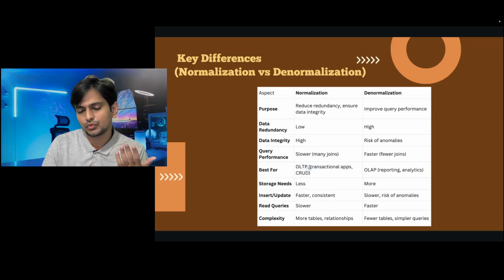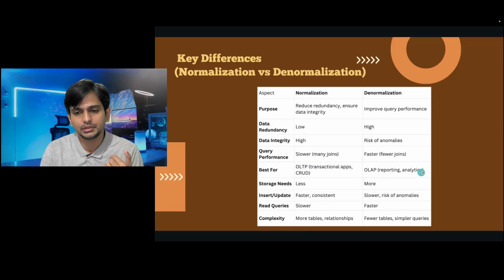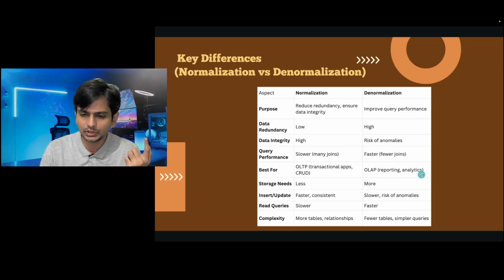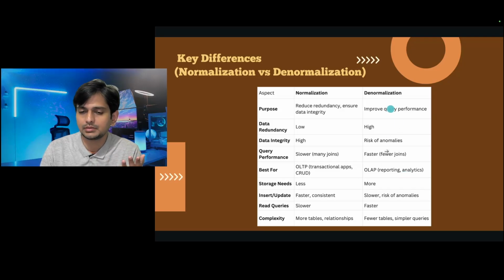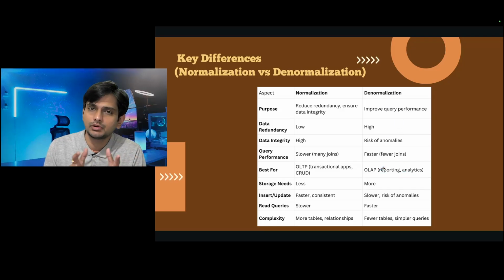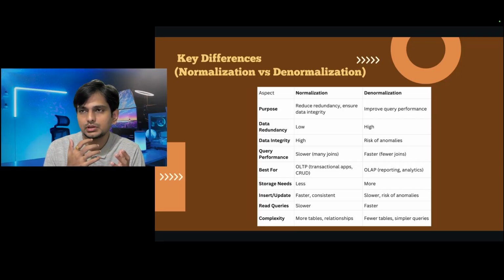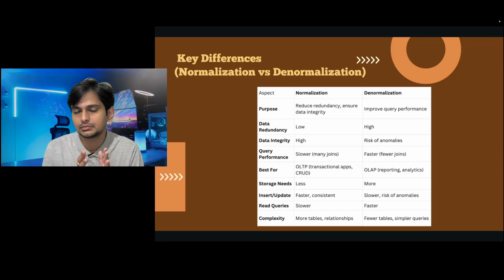And in the case of OLAP, you have reporting and analytics use cases. So you denormalize the data, because here the query performance, or read performance, is important, as you're performing analytics on a huge volume of data.